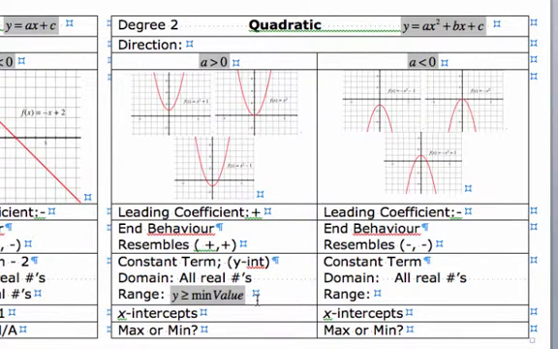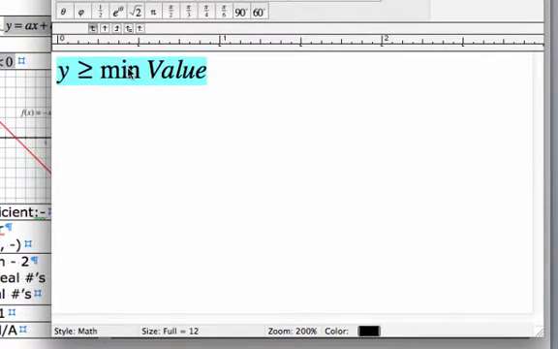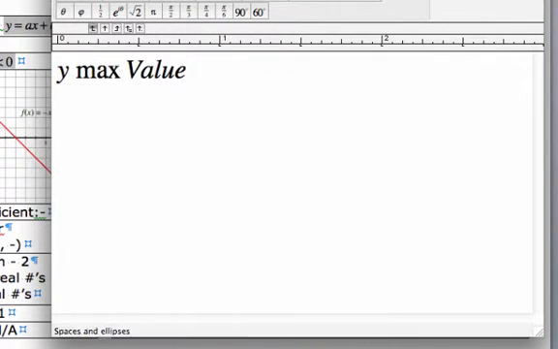Okay, so you need to find out where your vertex is, and that's going to provide you with some minimum value. Similarly with our range in the other function, it's that y is going to be less than some maximum value. It's not greater than, it's going to be less than.